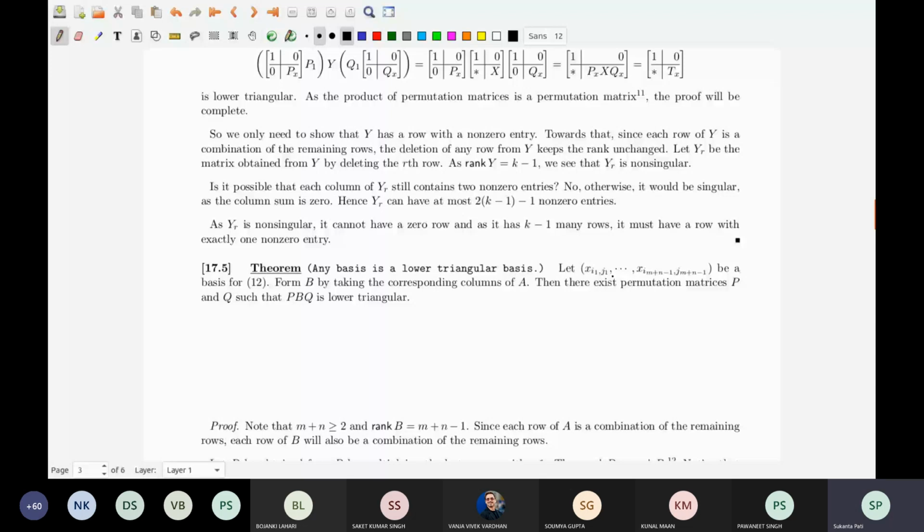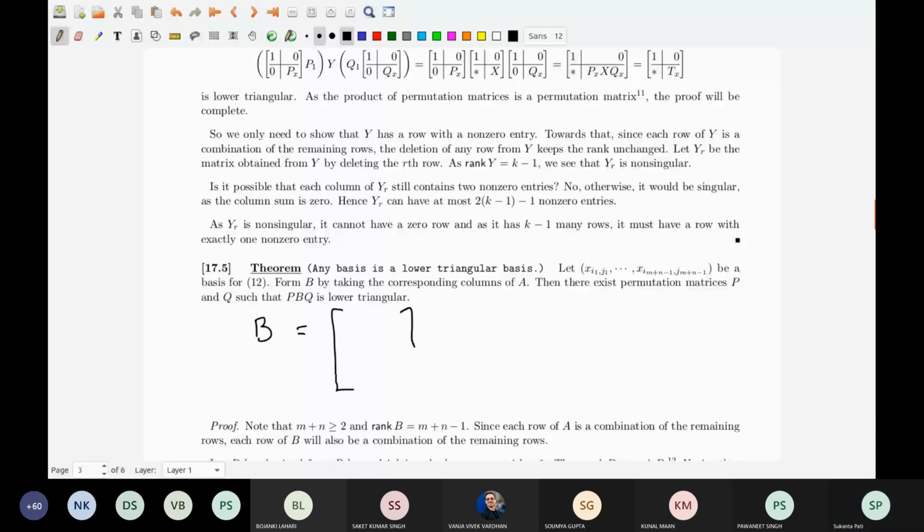Okay. Now you form the basis matrix B by taking those columns of A. Okay. Now what does it look like? Now the matrix looks like it has two parts.